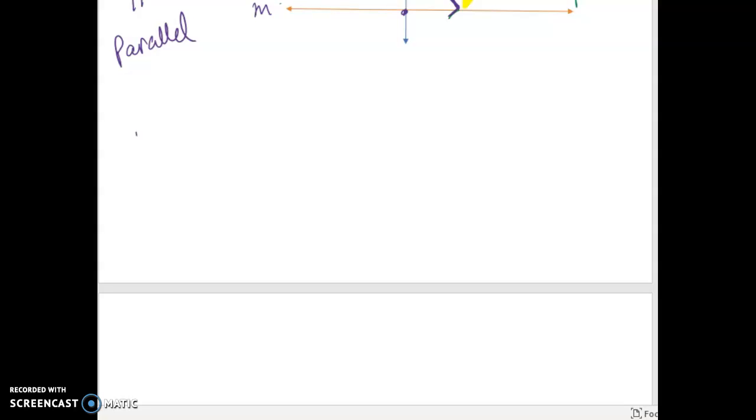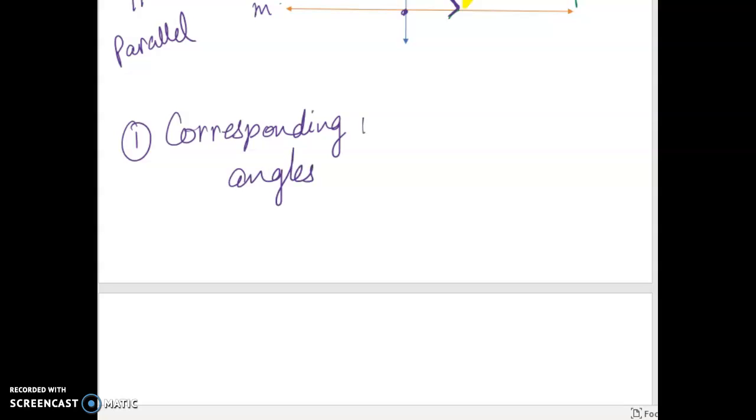The first we would like to discuss is corresponding angles. For corresponding angles, there are two things. A, they are on the same side of the transversal.